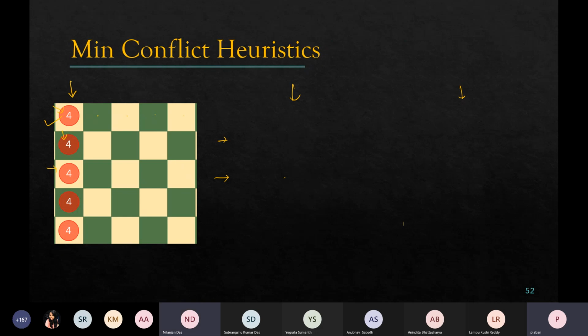Now we will be picking up a variable which is conflicting. I really do not care whether the conflict is minimum or maximum. I'll pick up any. I could have picked up this, or this.